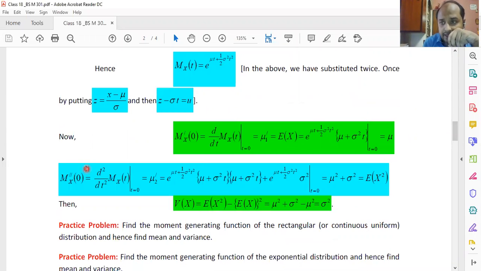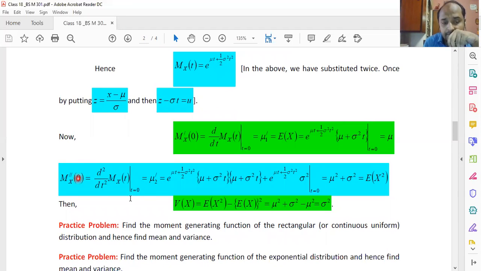To find the variance of the normal variate, we are going to take the double derivative of this expression. Taking double derivative of this expression is same as taking first derivative of that expression. Okay, so we are going to write it as this.